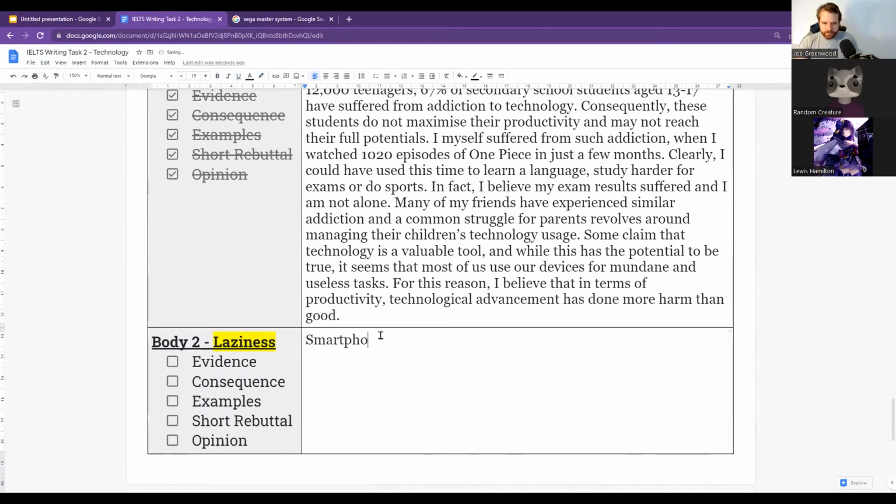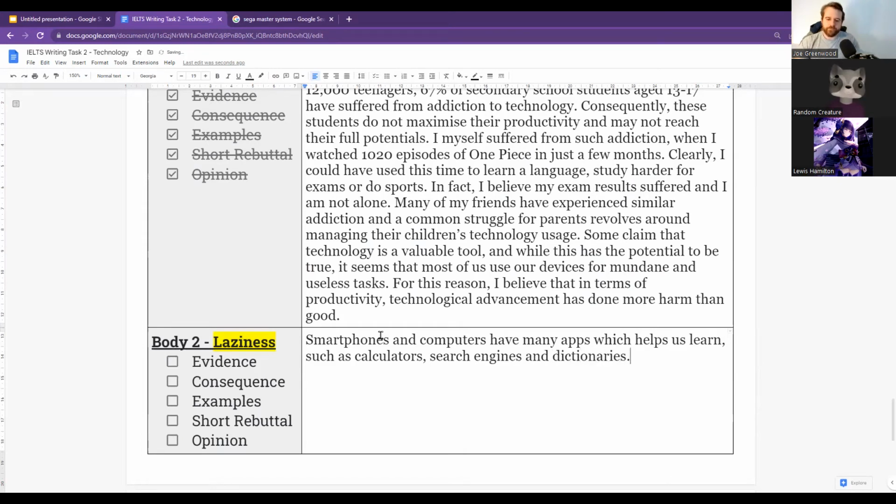Smartphones and computers have many apps which help us learn, such as calculators, search engines, and dictionaries, right? Although a dictionary isn't going to make you lazy.